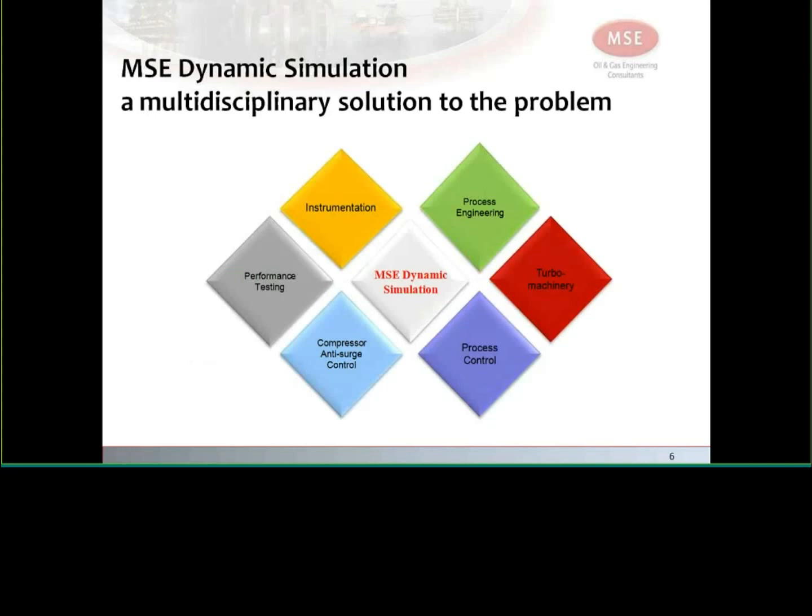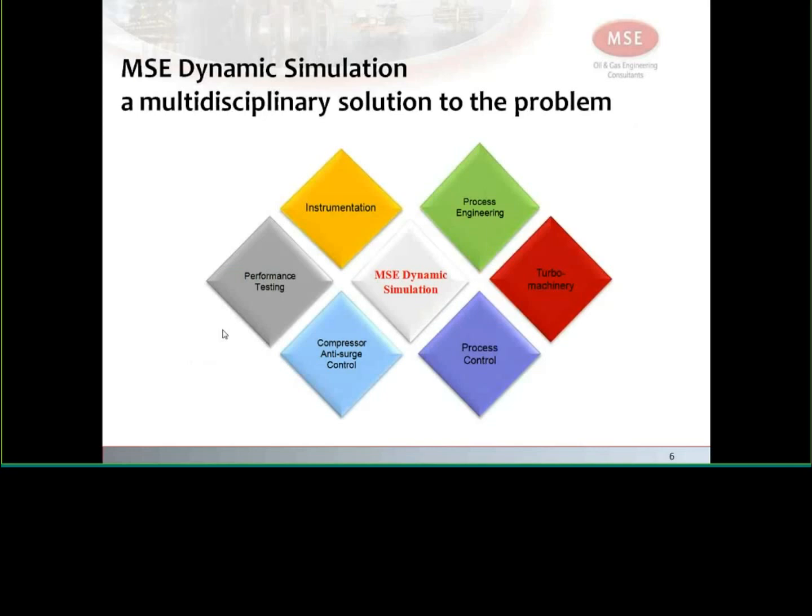MSc Dynamic Simulation expertise. So the dynamic simulation takes from our expertise and knowledge on all the different areas of knowledge and engineering that you can see. You need to know about the compressor and surge control, process control, process engineering, turbo machinery.